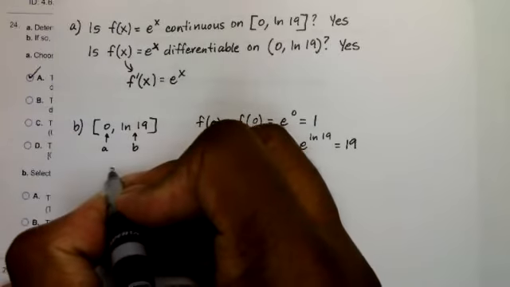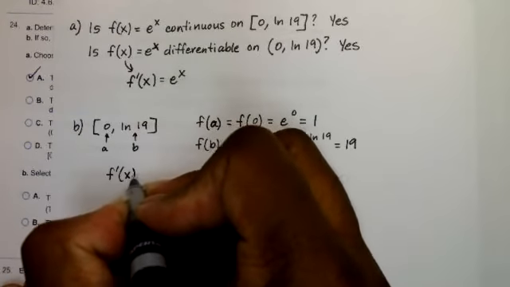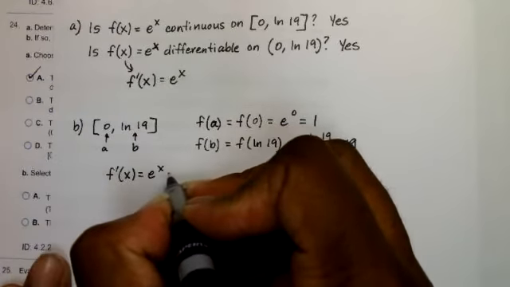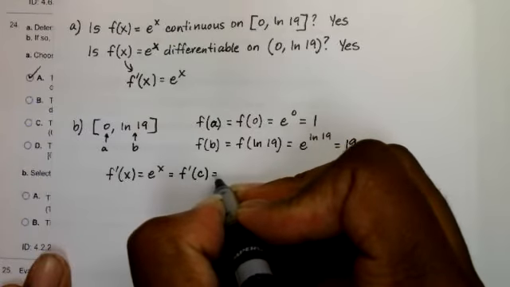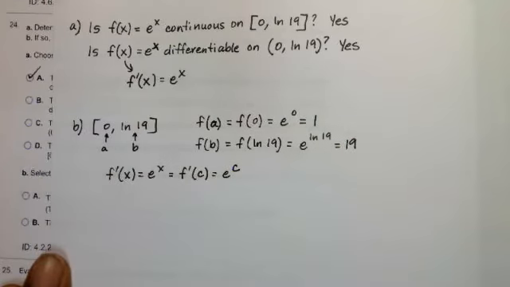And since f prime of x is equal to e to the x, let's find out what f prime of c is going to be. That's just e to the c.